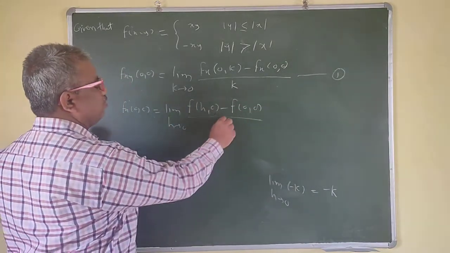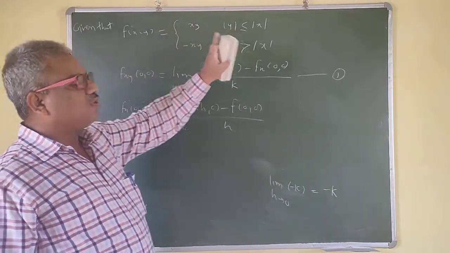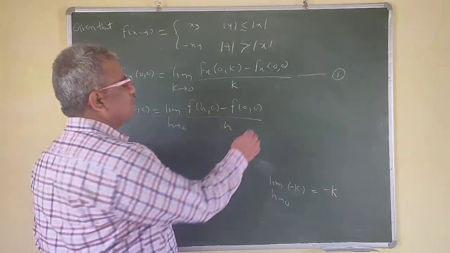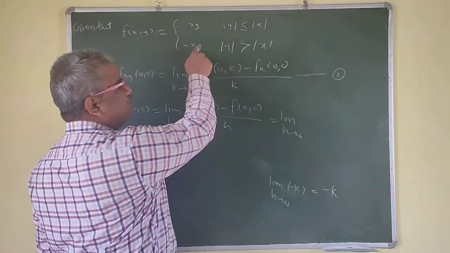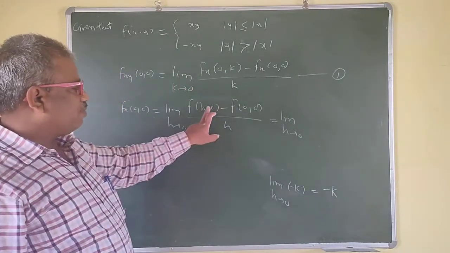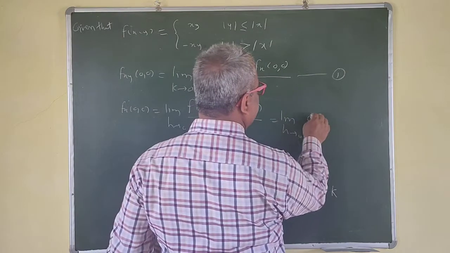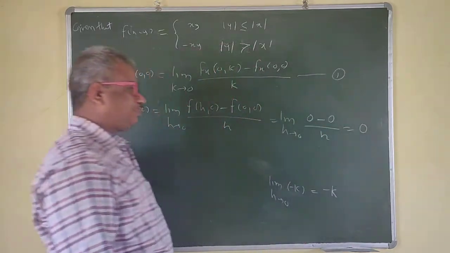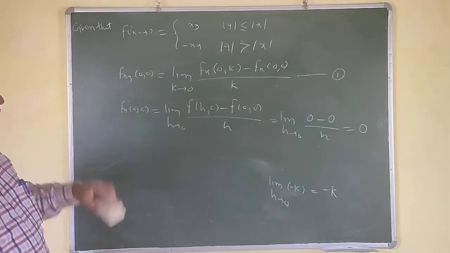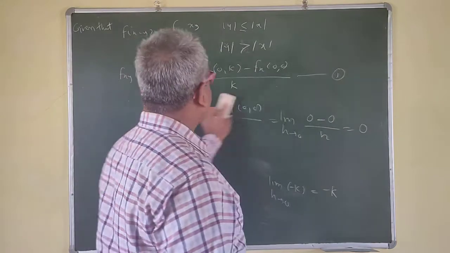Now if one of them is 0, then the product is 0, so don't bother about this one. So this is 0 minus 0 upon h, so this will be 0. Now we'll put in 1 and get both the values.